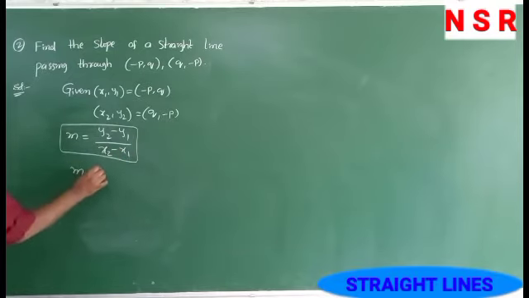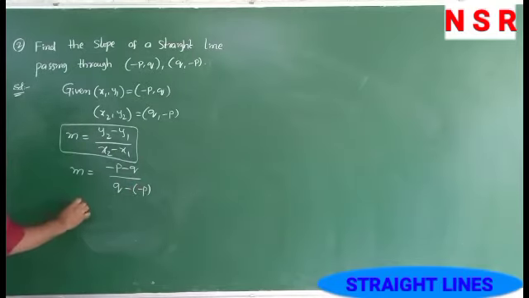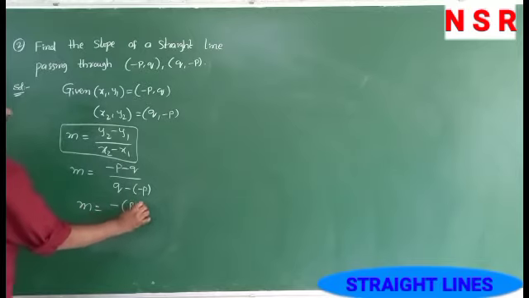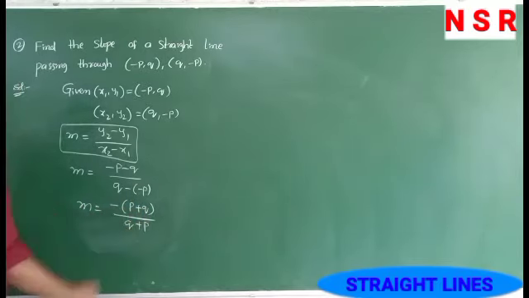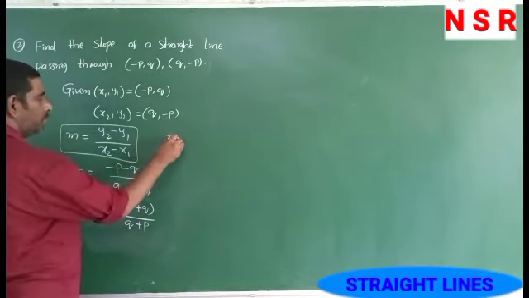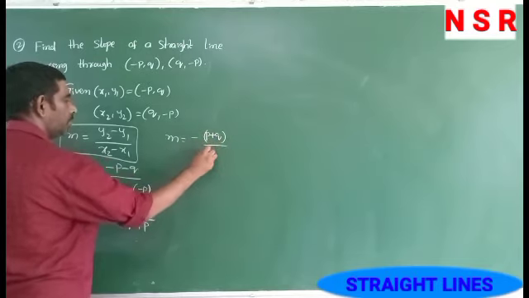Now m is equal to (y2 minus y1) by (x2 minus of minus p). So m is equal to, taking minus common, minus of (p plus q) by q minus into minus plus p. Now m is equal to minus of (p plus q) by (p plus q).